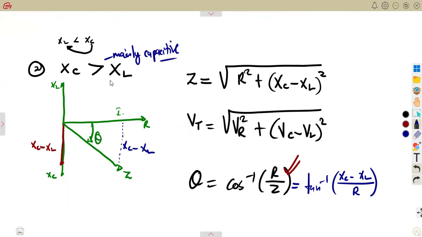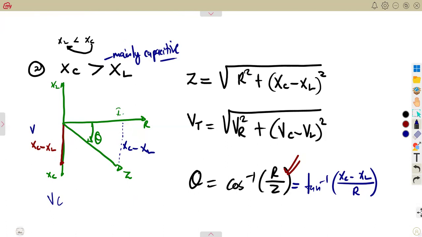In this case, we are simply indicating a condition that the current is leading the voltage, meaning the voltage is going to be lagging. So you indicate on your phasor diagram the difference XC minus XL. If it is voltage, it's going to be VC minus VL, and this will be the total voltage, and this will be our VR. So you must indicate all that.